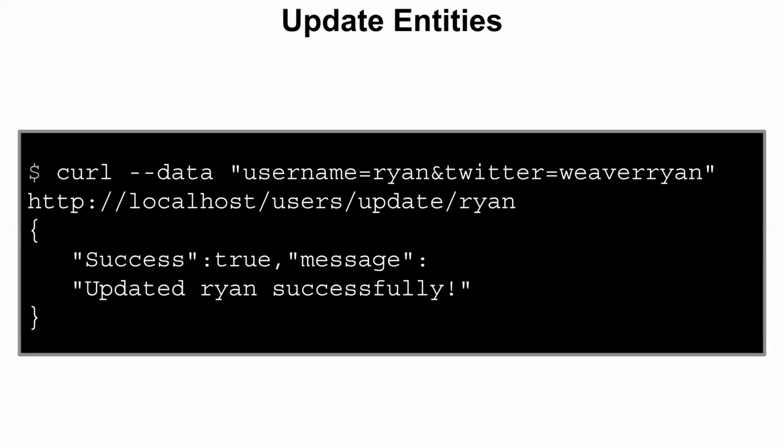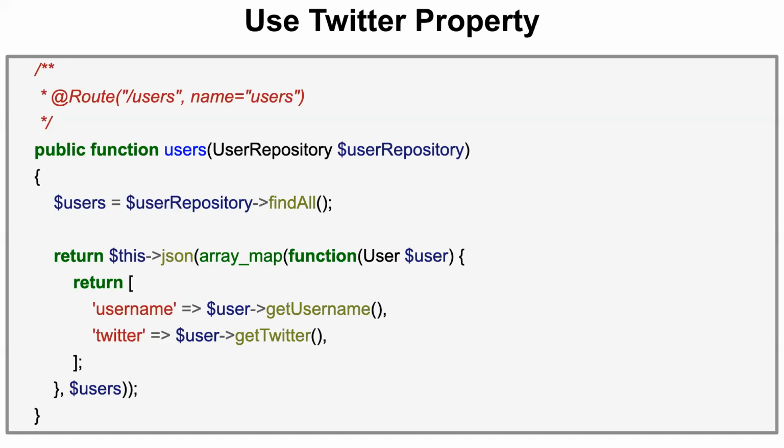So now when I run this command from the command line and say, I want to call the user's update path for the username Ryan, and I want to keep the username as Ryan, but I want to set Twitter to Weaver Ryan. So when I execute that, it will update the database.